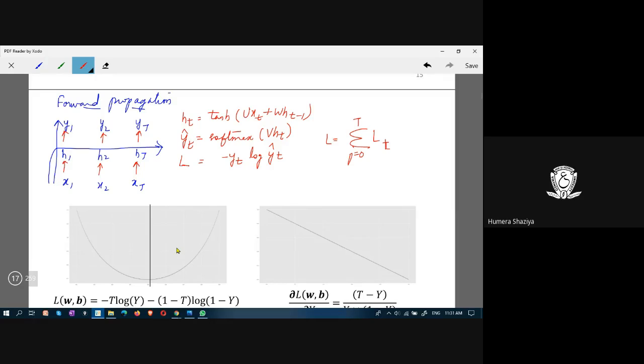Here, y sub t is the actual value, and y sub t hat is the predicted value.